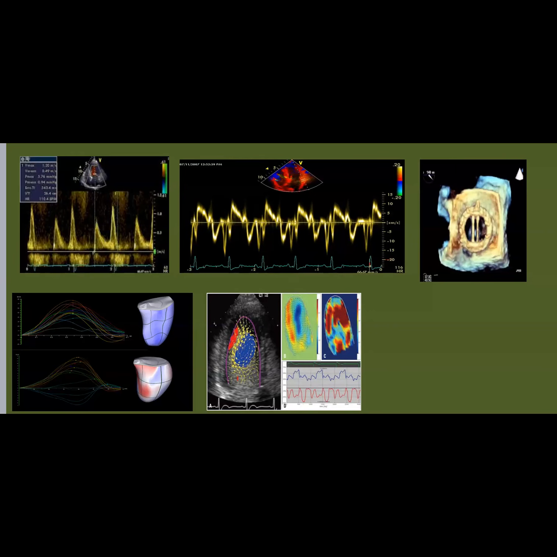For example, in AR, how the AR translates into flow dynamics inside the LV. That's why they call it echodynamography. So this is a new way of assessing diseases by state-of-the-art technology, which is going to be really promising in identifying disease entities in a deeper way.